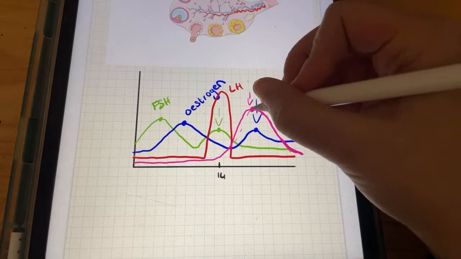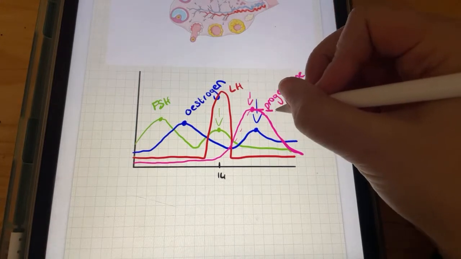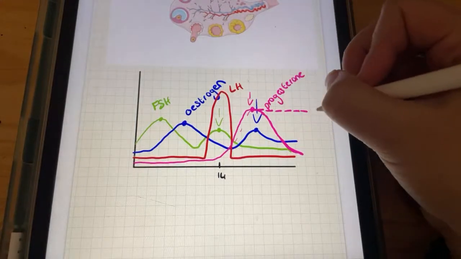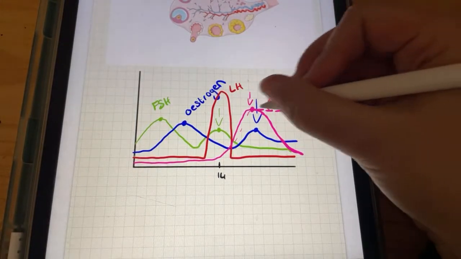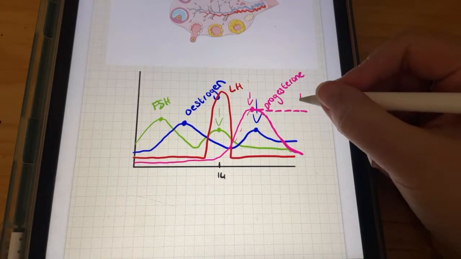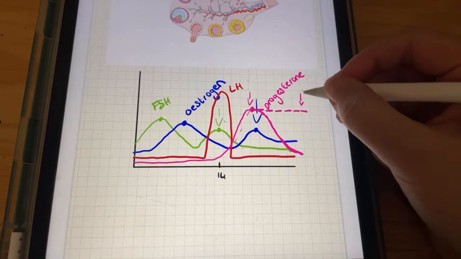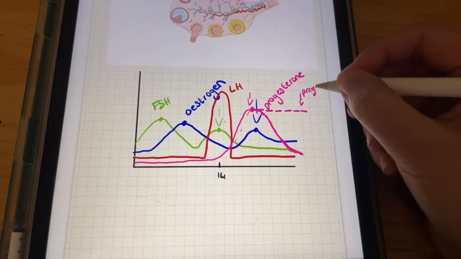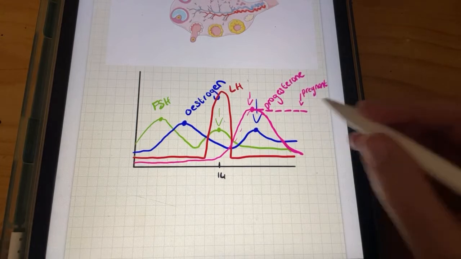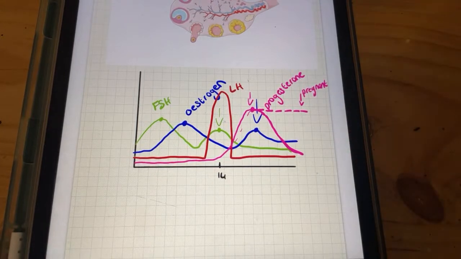Let me just add it in. Then you'll get a line that will go over here. It might be a solid line or dotted line, but this line I'm showing you here is the level of progesterone if you are pregnant. So if they ever ask you what clue in the graph tells you that someone is pregnant, that is the clue. All right, let's have a look at any more questions.